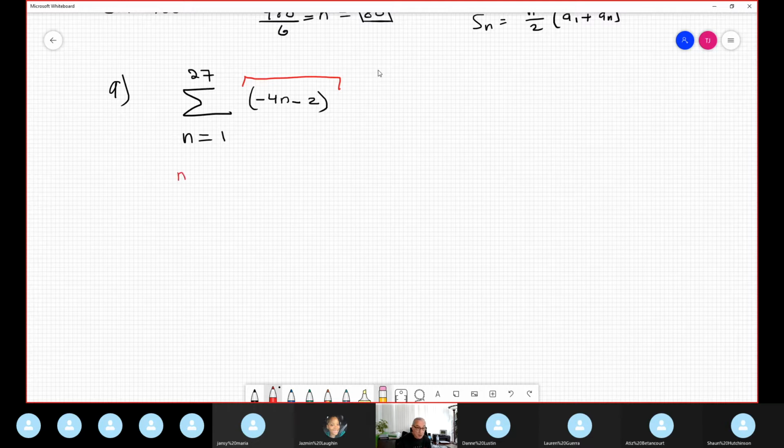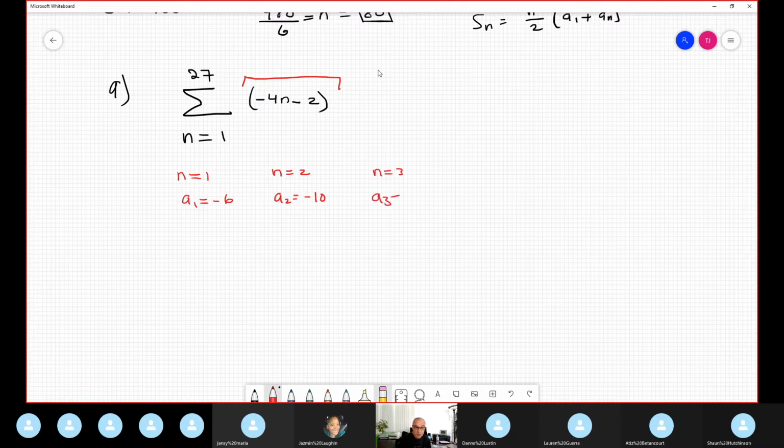Suppose n equal 1. I try to expand a little bit that part. Es obvio que es negative 6, so A1 is negative 6. For n equal 2, plugging in 2 is negative 10, no? Because 2 times 4 is negative 8, and negative 2 is negative 10. For n equal 3 is negative 14, no?